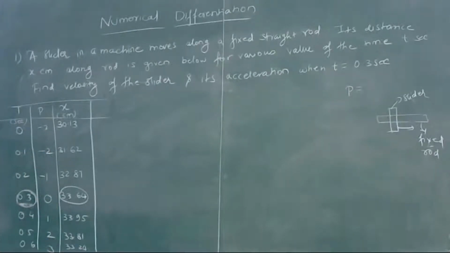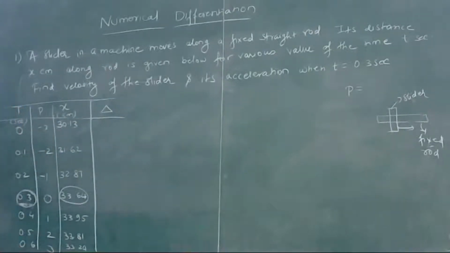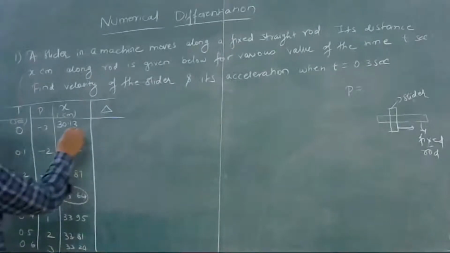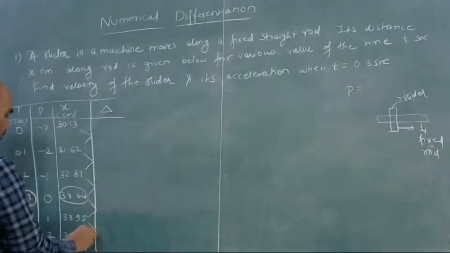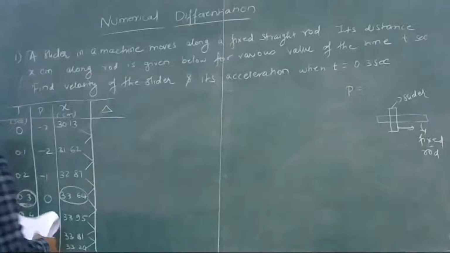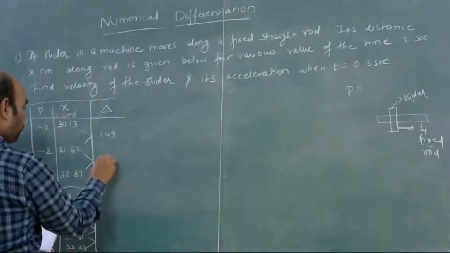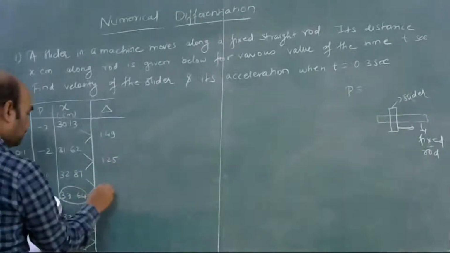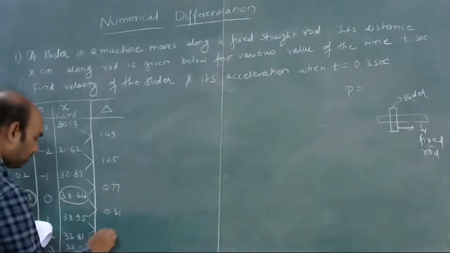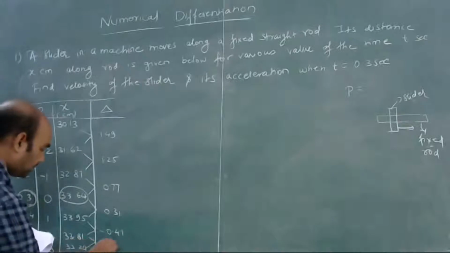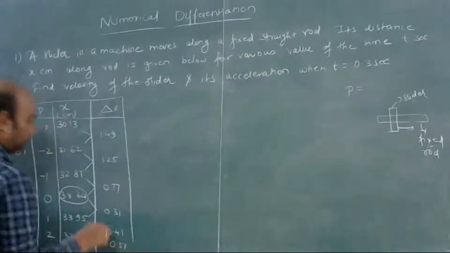Okay. So we need to find the differences. Okay. So this is del. So difference of these two, then difference of these two, difference of these two, these two. Okay. So first difference is 1.49. This is 1.25. So again we have to prepare the difference table. Okay, so this is our x first difference.